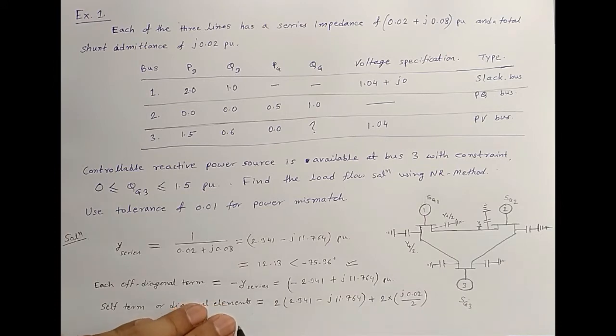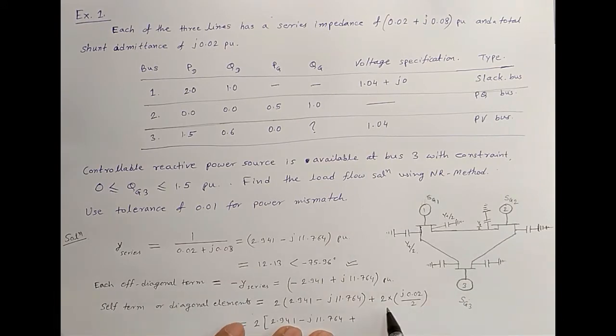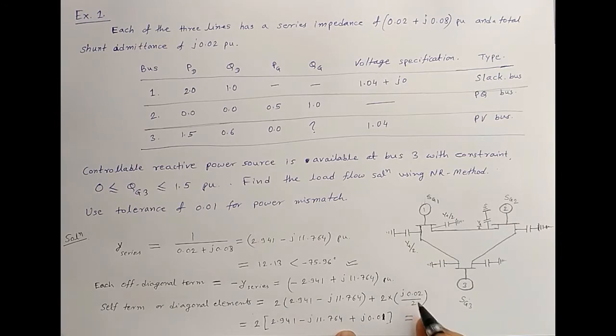So this will be 2 into (2.941 minus j11.764) plus j0.01.